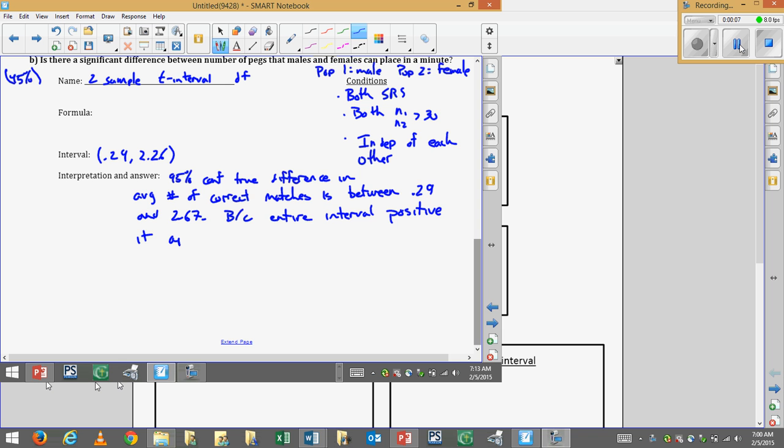It appears population 1, males, had a higher average number of correct pieces.